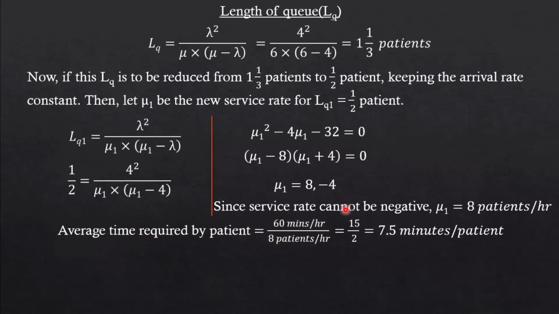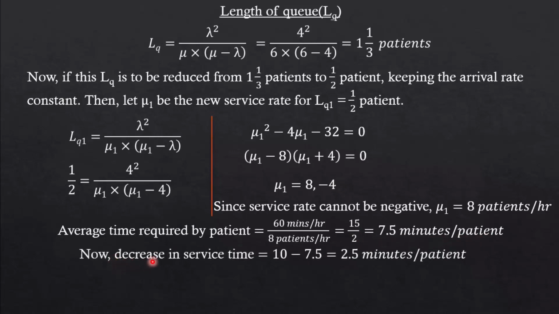So this is 15 by 2 minutes per patient, which is equal to 7.5 minutes per patient. Now our service time is reduced from 10 minutes to 7.5 minutes per patient. So let us calculate the decrease in service time. This is 10 minus 7.5, which is equal to 2.5 minutes per patient.